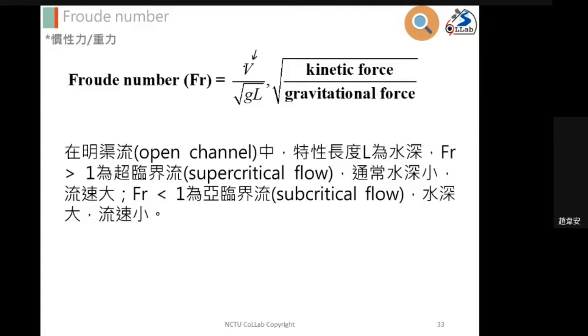And if the flow speed is large, then the Froude number also increases. This Froude number is defined by the ratio between the kinetic force and the gravity force. So if your problem involves the gravity effect, you need to use the Froude number for the discussion.